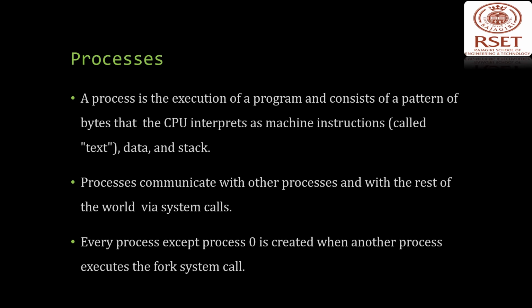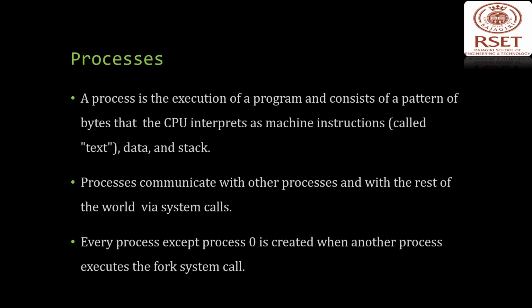Moving on to processes, which is another concept in system concepts. A process is basically an execution of a program and it contains a pattern of bytes that the CPU interprets as machine instructions, data, and a stack. Now they communicate with each other with the help of system calls. How do you create a process in Unix systems?